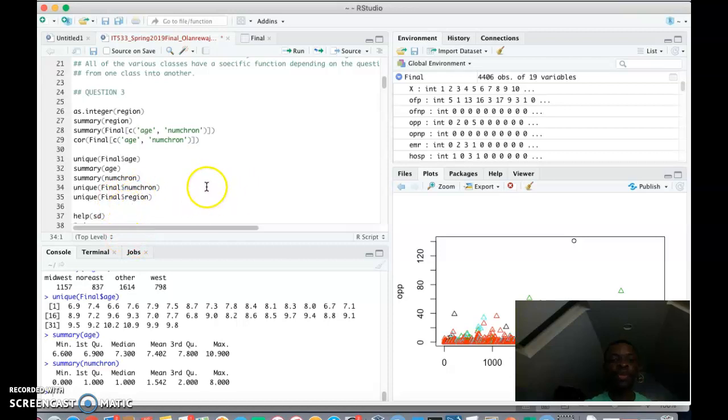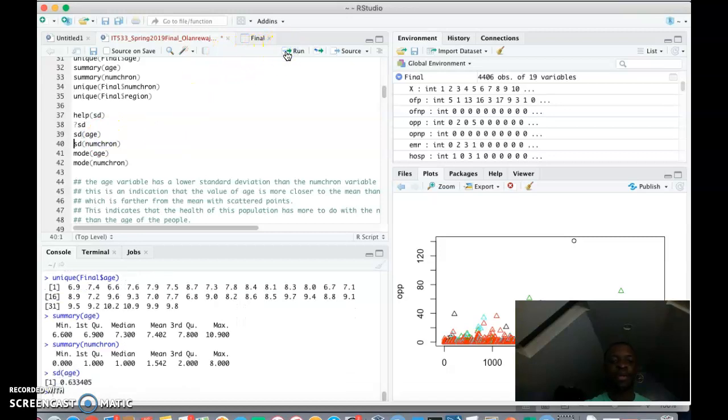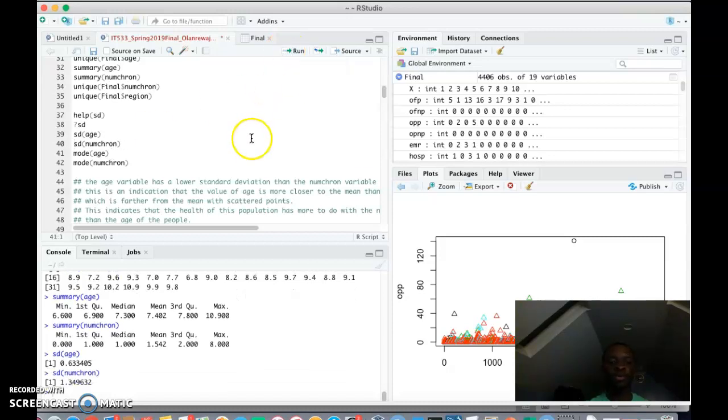So we go ahead to find the standard deviation for each of those variables. The standard deviation for age is 0.633405. We see that that is kind of very close. It's further away from 1, but it's still a good result.